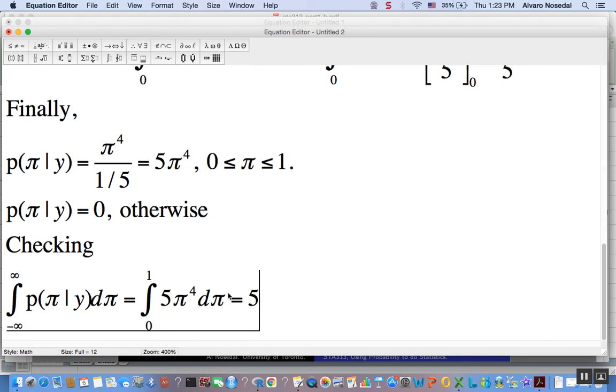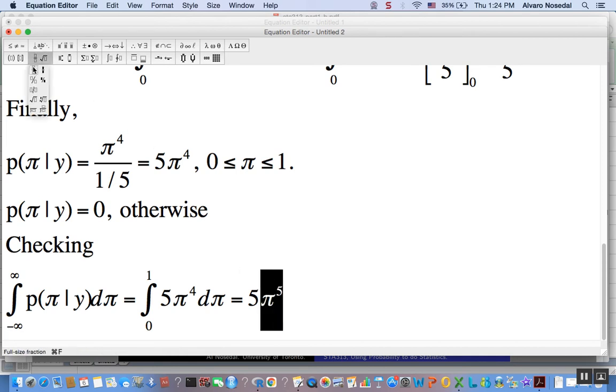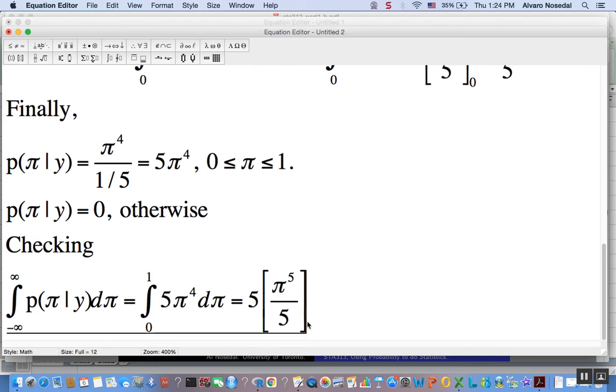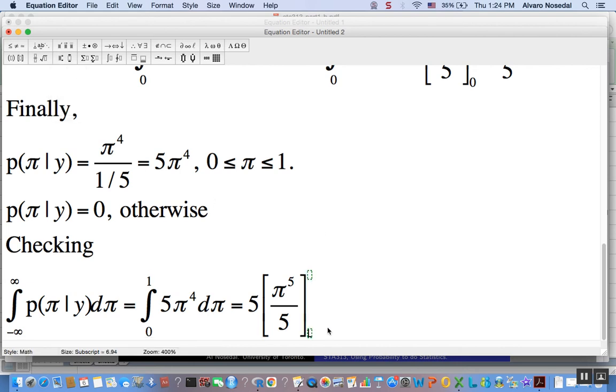That's just going to be 5 times pi to the power of 5 divided by 5, and we are evaluating this from 0 to 1, so clearly we're going to have 1 over 5 times 5, that's going to be 1. So this is a legit probability distribution, right? A legit probability density function.